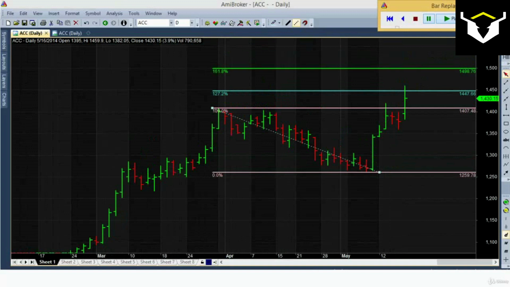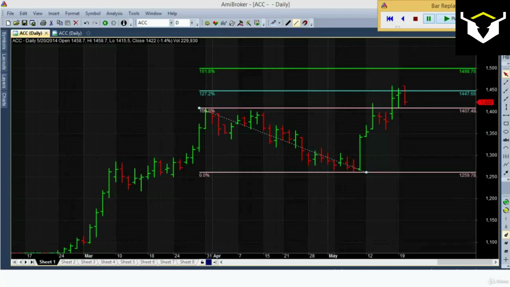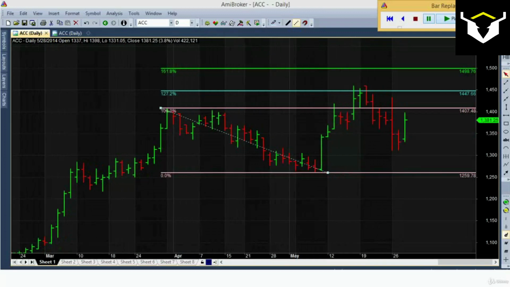Now the 127% level is mostly used by many traders to book profit, as they have seen that after prices hit the 127 to 138 range, prices always tend to correct themselves, thus giving away some of the gains. You can see there is a reversal day and prices start a correction after hitting the 127% level.